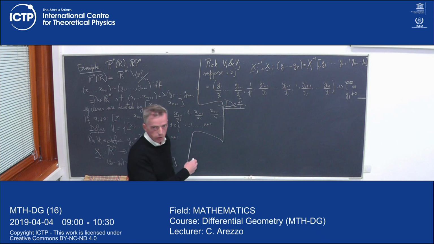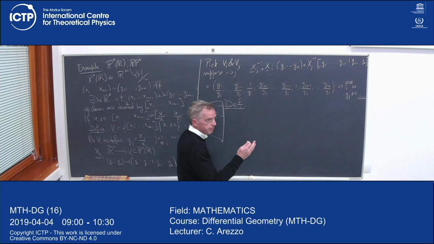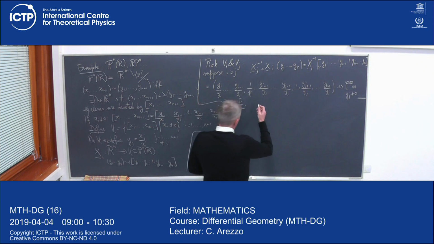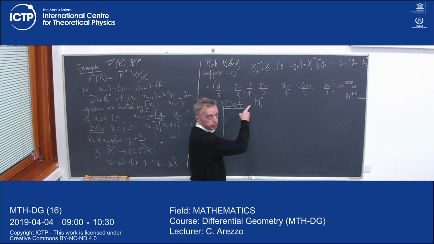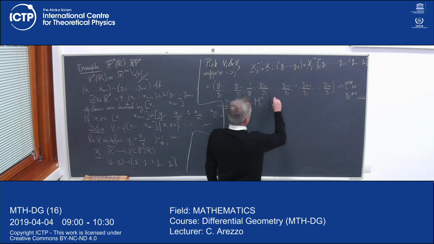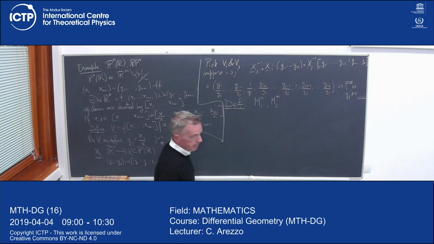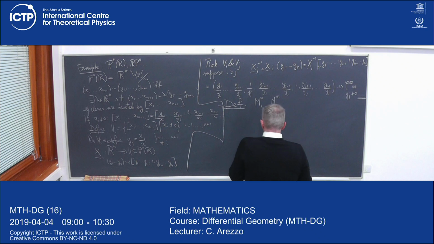Now we can do everything in one shot. You have grown up in this month. So now if I take two differentiable manifolds, and let me denote the dimension as an upper index, I have M1 of dimension n and M2 of dimension m, differentiable manifolds.